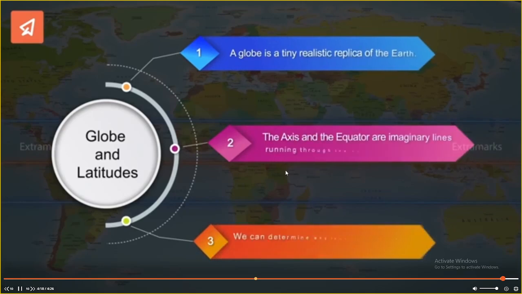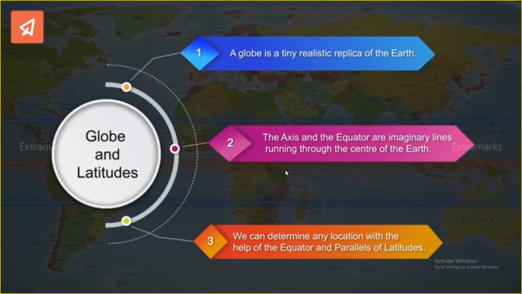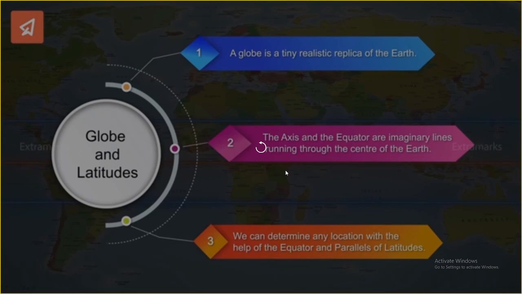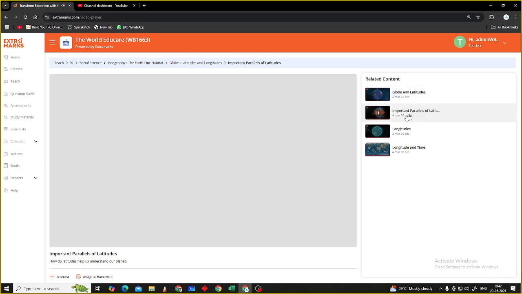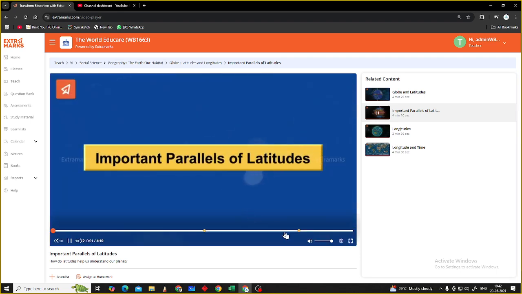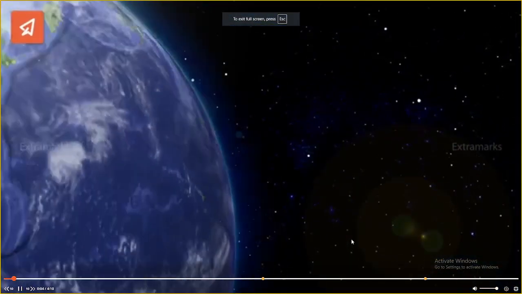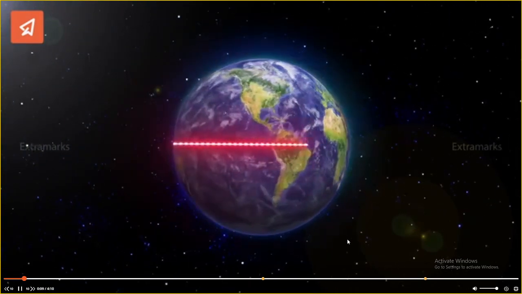Let's recapitulate what we have learned. Can you recall the name of the important imaginary line that divides the Earth into equal halves?